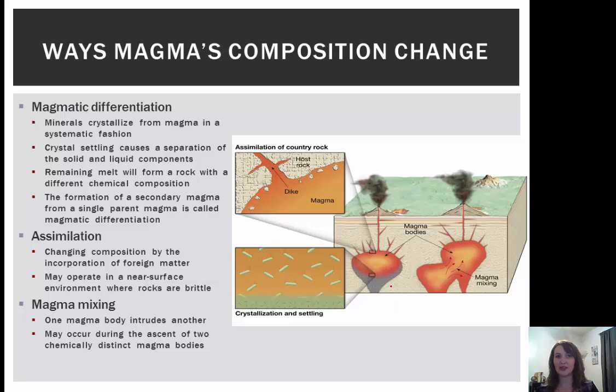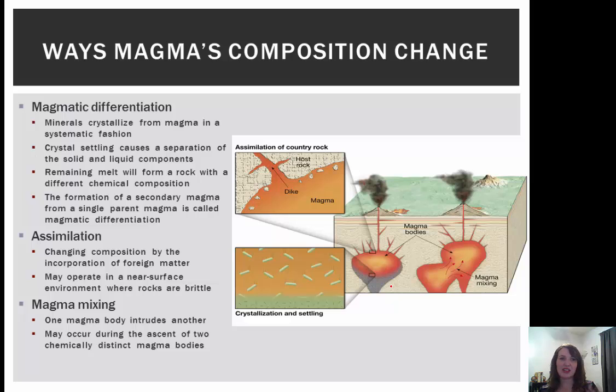So there are three different ways that magma compositions change. We have magma differentiation, where minerals crystallize from a magma in a systematic fashion. That was Bowen's reaction series. Crystal settling causes a separation of the solid and the liquid components. The remaining melt will form a rock with a different chemical composition than the initial one.